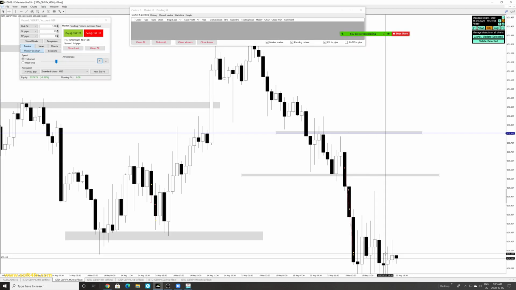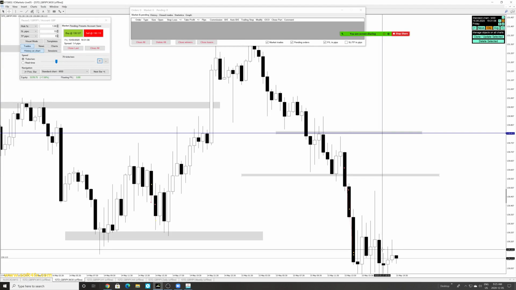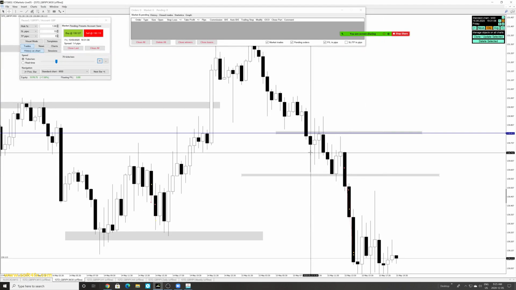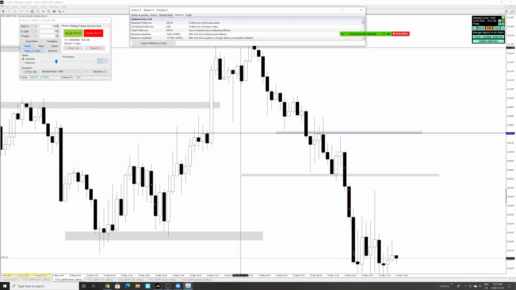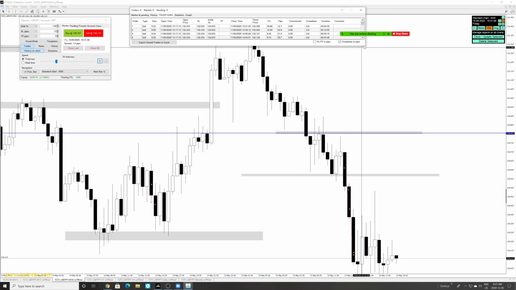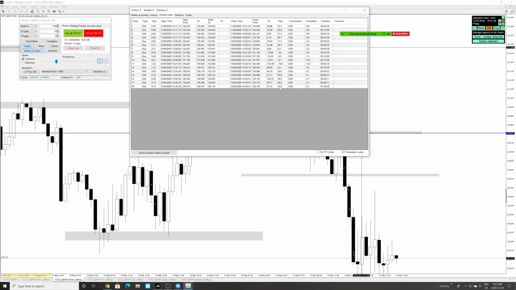But also the most important thing to note is we never risked more than 3%. Right? Most we risked was 2%. In the trade previous to this trade, look at this. We had a loss over here, $100 loss.